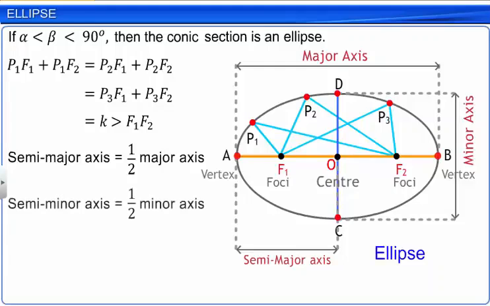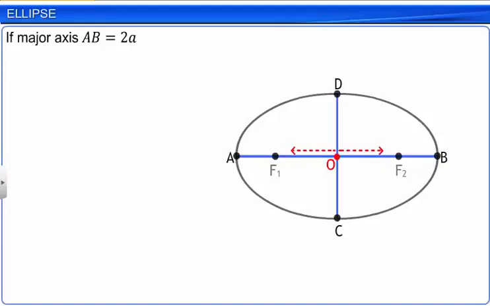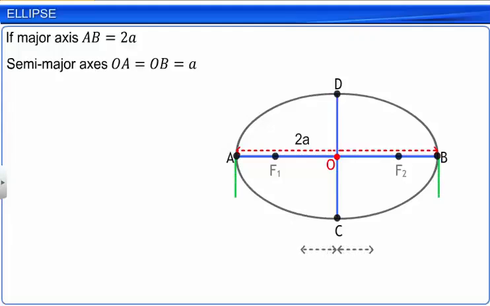Similarly, a line segment joining the center of an ellipse to either of the endpoints of its minor axis is called a semi-minor axis. Clearly, a semi-minor axis is half of the minor axis of an ellipse. If the length of the major axis of an ellipse is 2a, the length of each of its semi-major axes is a.